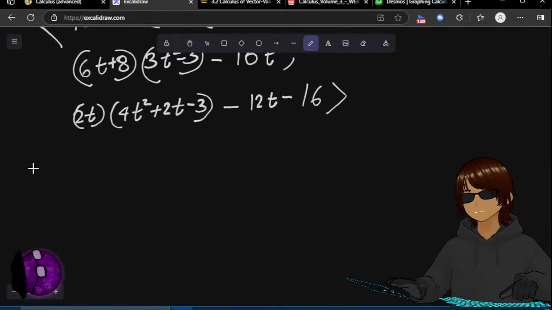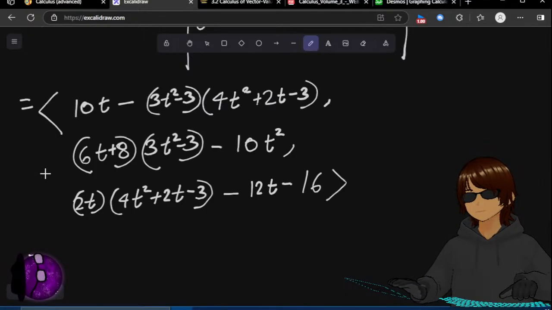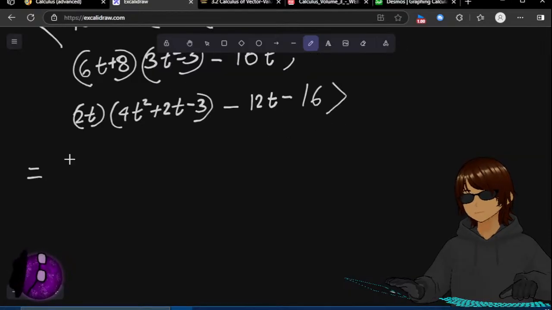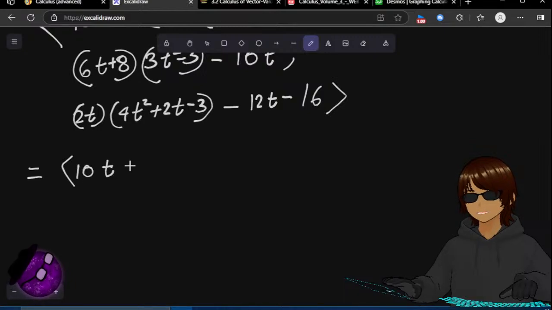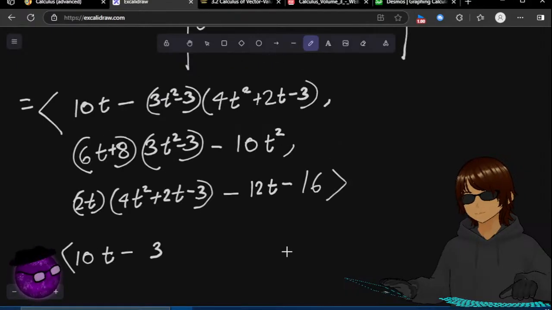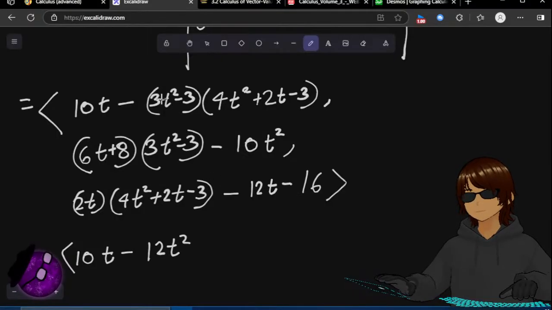Now let's see if we can simplify this. This is taking a really long time. 10t minus 3 times 4 is 12t square.